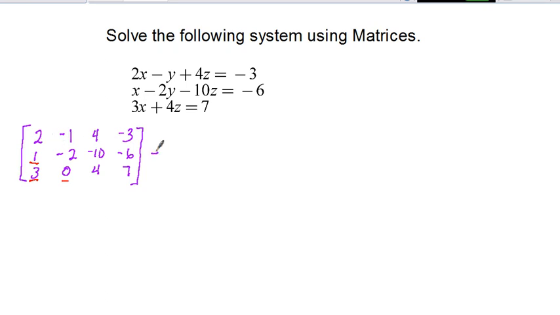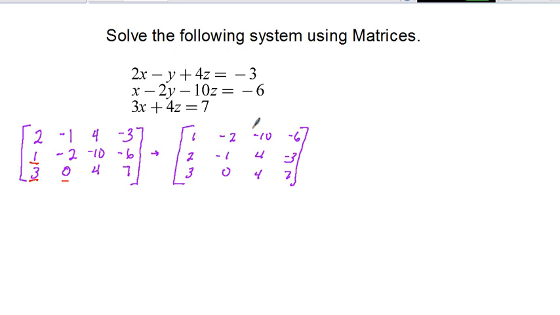And so our new matrix is going to be 1, negative 2, negative 10, negative 6, and 2, negative 1, 4, negative 3, and this row stays the same, 3, 0, 4, 7. Okay, so we just swapped rows 1 and 2.